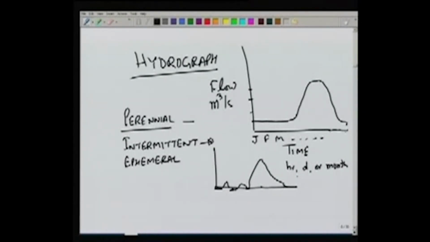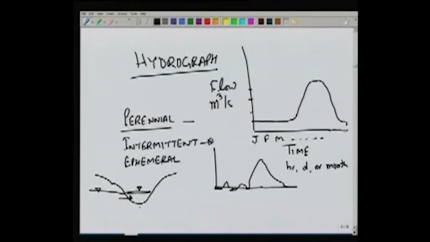Typically what happens in these kind of streams is that the groundwater level, so in absence of a storm, when there is no precipitation falling on the area, groundwater flow or the base flow is the one which sustains the flow in the stream.